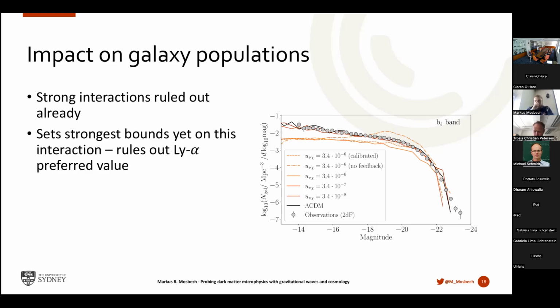We can see that even if we completely turn off supernova feedback, which is the thing that would normally suppress structure growth, we are unable to reproduce the low luminosity galaxies. Instead we actually overpredict the number of high luminosity galaxies and then still underpredict down here. So there's just no way this model can give us the correct galaxy population. That's cool. We've already ruled something out before we even get to the main event.